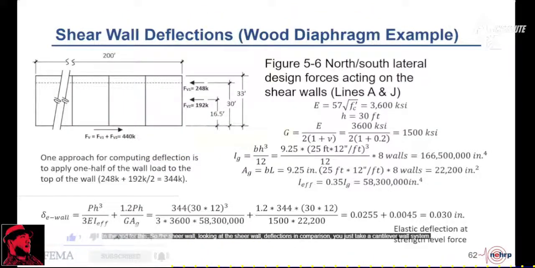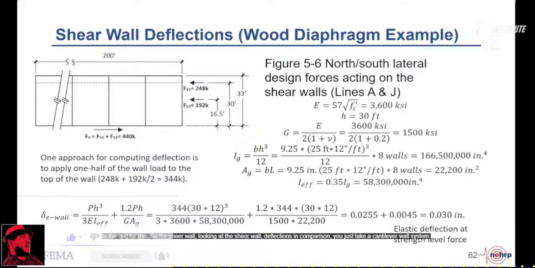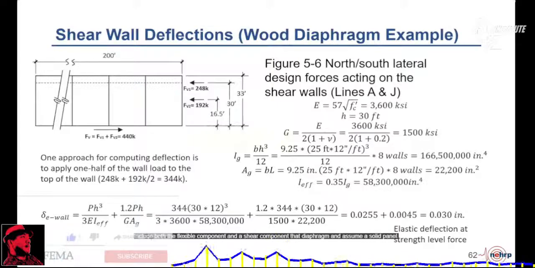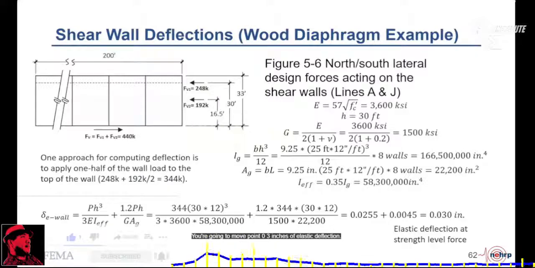So looking at the shear wall deflections in comparison, if you just take a cantilever wall system, include both a flexural component and a shear component, and assume a solid panel, you're going to move 0.03 inches of elastic deflection.